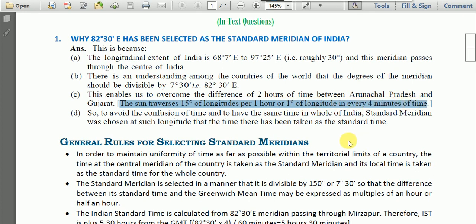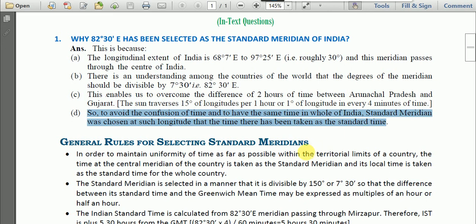That calculation is already done. Then the last point: to avoid the confusion of time and to have the same time in the whole of India, the standard meridian was chosen at such longitude that the time there has been taken as the standard time.